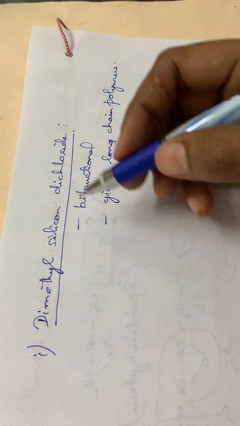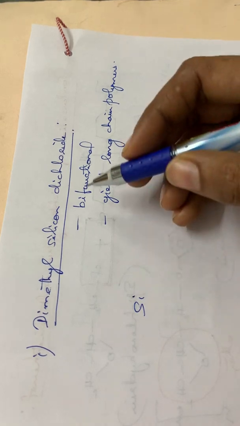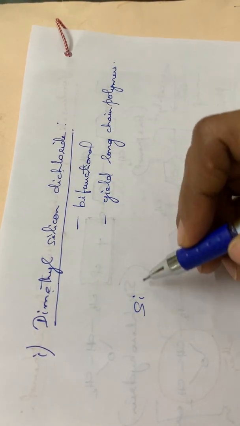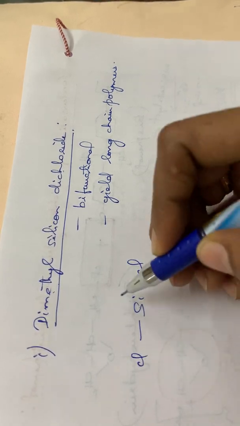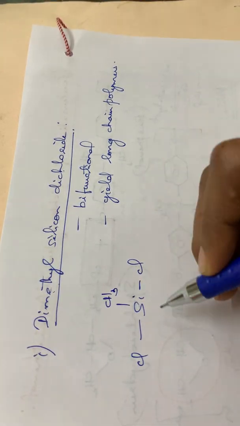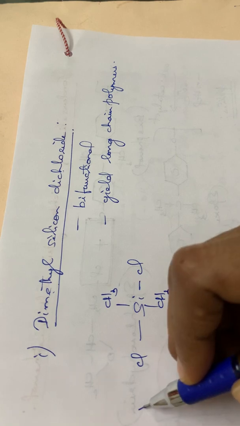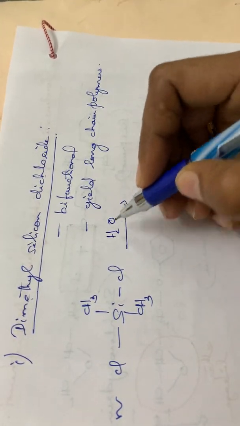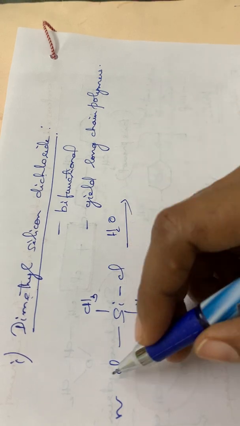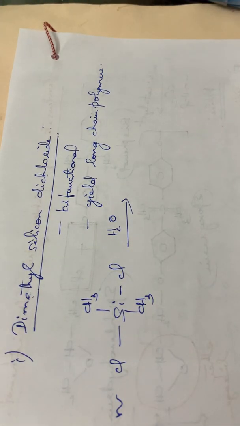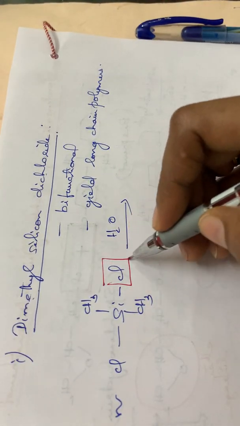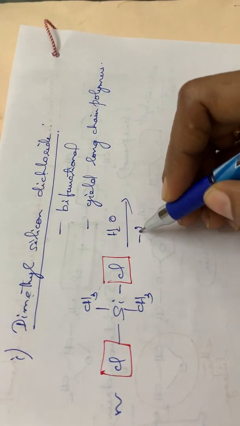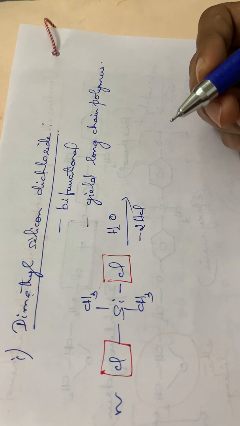So let us write this dimethyl silicon dichloride. That means two alkyl groups and two chloride groups: Cl, CH3, CH3, n molecules. On hydrolysis, the 2 Cl will be replaced by 2 OH groups, eliminating 2 molecules of HCl.